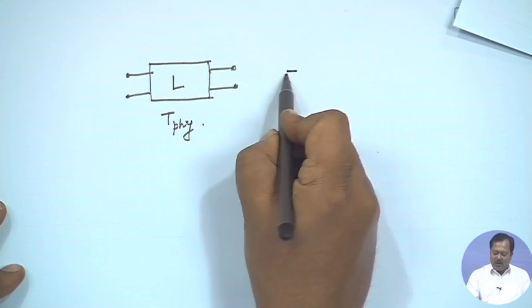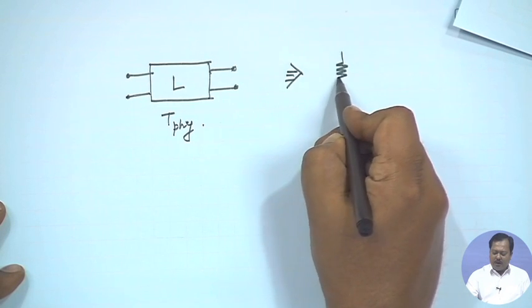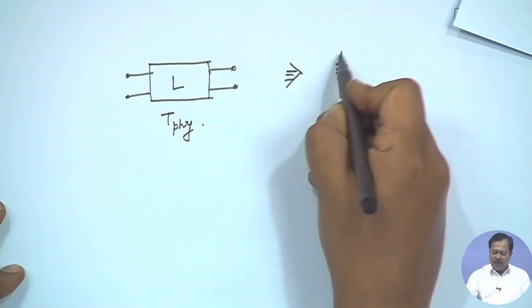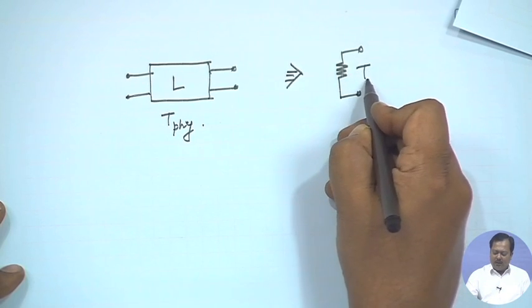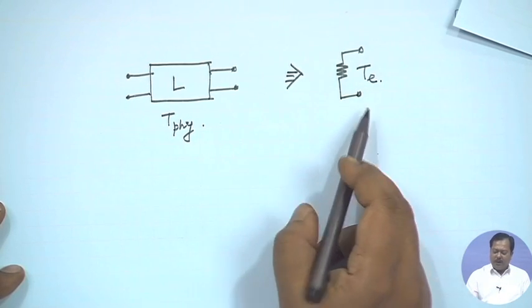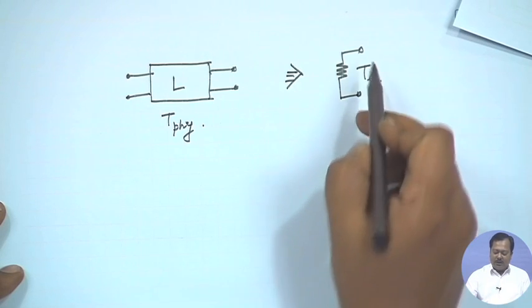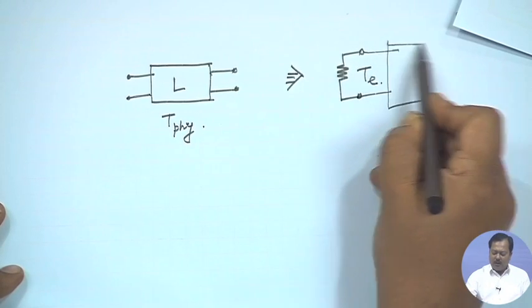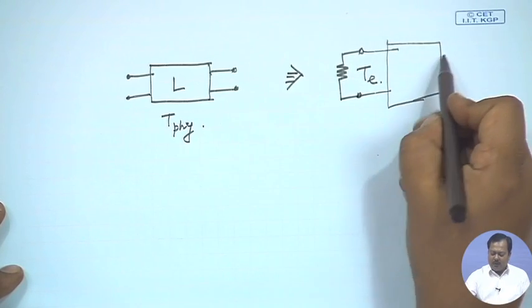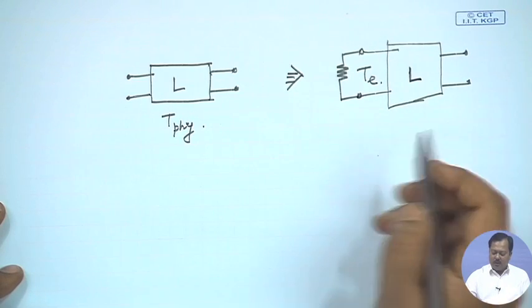That means we can represent this two port network by an equivalent resistor at some equivalent temperature Te. It will give the equivalent noise temperature, which we will place on the left hand side of this two port network.